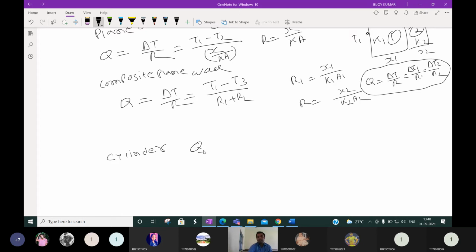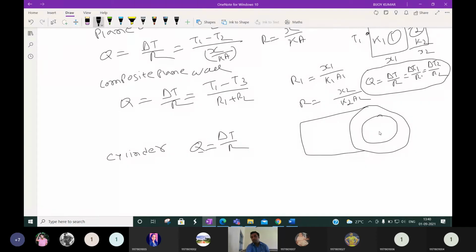For the cylinder, again, Q is equal to delta T by R. Suppose this is the cylinder. The inside radius is R1, the outside radius is R2. The metal has thermal conductivity K. Suppose the temperatures are T1 and T2.